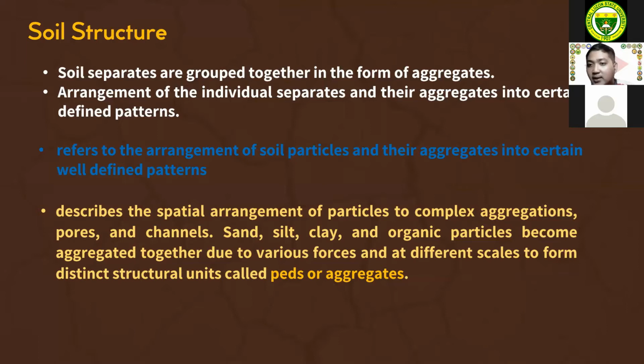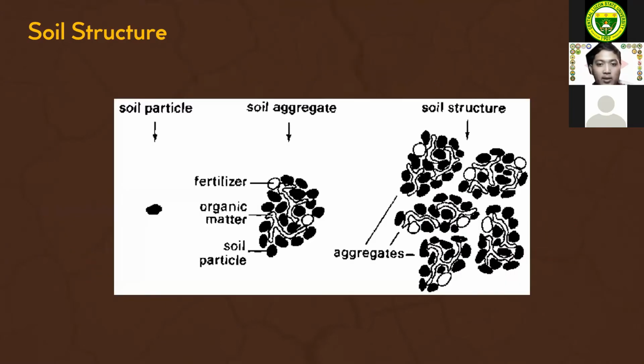Ang tawag natin sa natural aggregates is Peds. Okay? Peds yung tawag sa kanya. Mamaya may ma-encounter tayo na tinatawag na clads, which is different from Peds. So how is soil structure formed? You can see here, this is an individual soil particle.